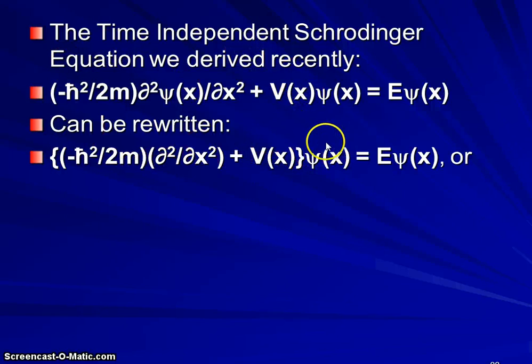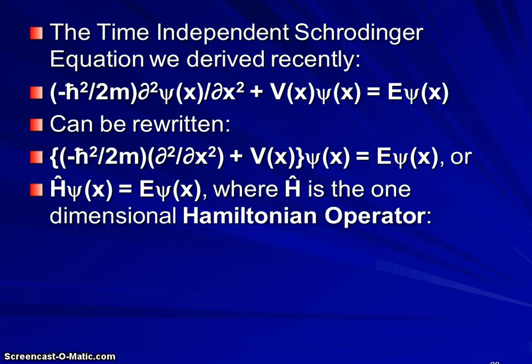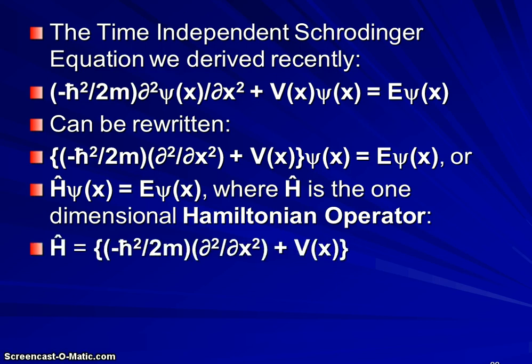Everything inside of this set of brackets we refer to as an operator that we call the Hamiltonian operator, and that is the operator that returns energy for a particular wave function.